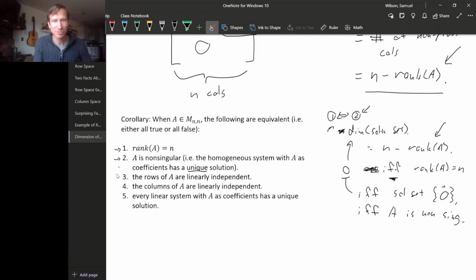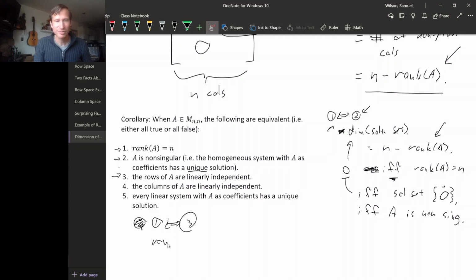All right, so what about the rows of A? Well, the rows of A are linearly independent if and only if the rows are a basis for the row space. Let me write this out. So here we're showing 1 is equivalent to 3.